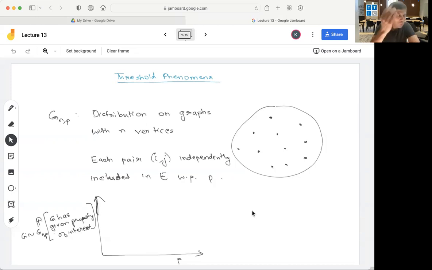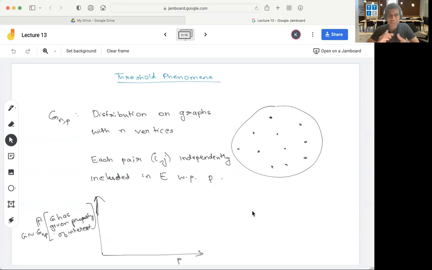In particular, one nice illustration, which I like because of the exercise in computing variance, and then the somewhat striking conclusion, is the existence of what are called threshold phenomena. Let me first define it in graphs, although these kind of phenomena can be defined in more general settings.